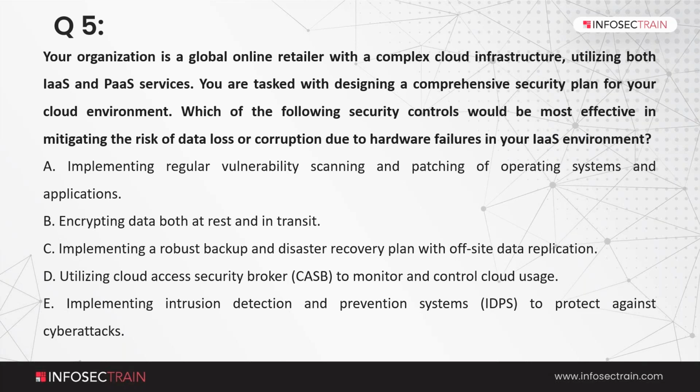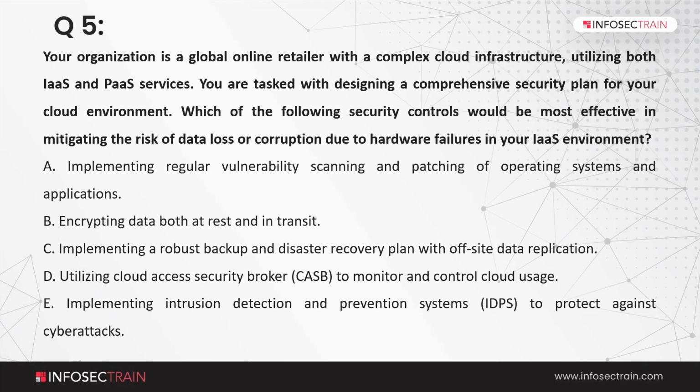Your organization is a global online retailer with a complex cloud infrastructure utilizing both IaaS and PaaS services. You are tasked with designing a comprehensive security plan for your cloud environment. Which of the following security controls would be most effective in mitigating the risk of data loss or corruption due to hardware failures in the IaaS environment?